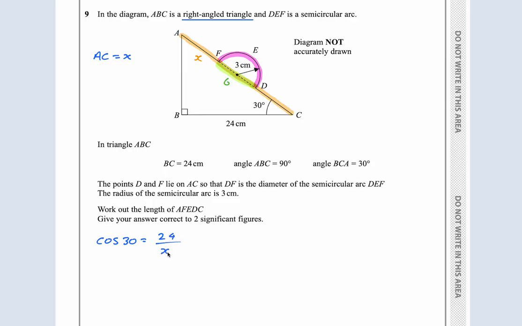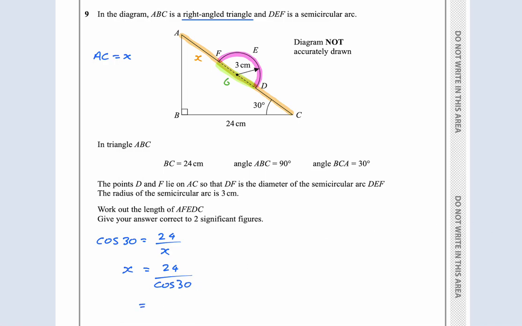Okay, then I multiply across. Just be careful here, guys. I do X equals, I multiply across by X, and I divide by cos 30. I'm going to do this in one go. You can do that in 2 steps if you're not sure, guys, but X is equal to this divided by this.